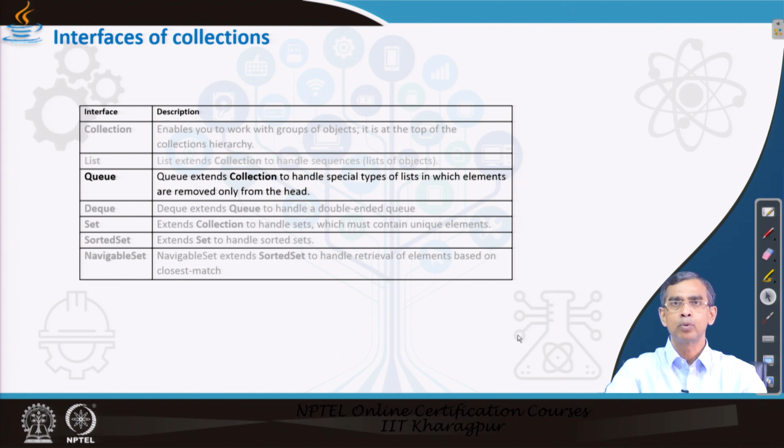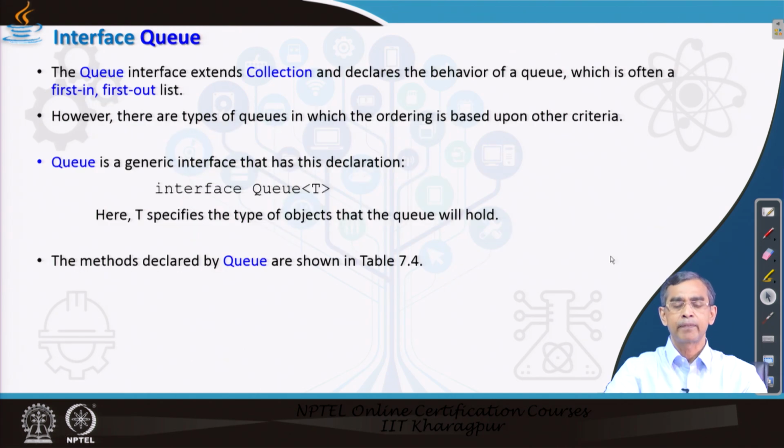So, there are two ends actually, one is the front and another is the rear. Insertion takes place at the rear position and deletion takes place at the front position. So, in order to maintain a queue, different methods are declared in the Queue interface.